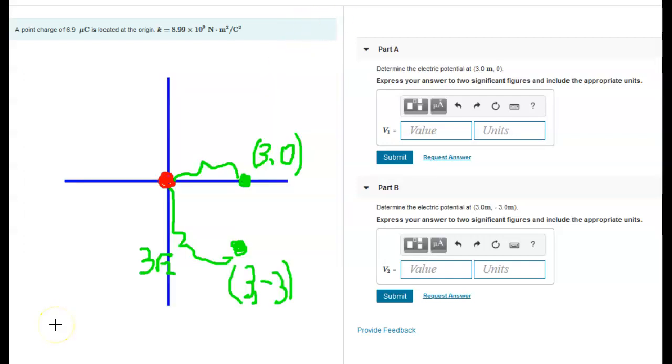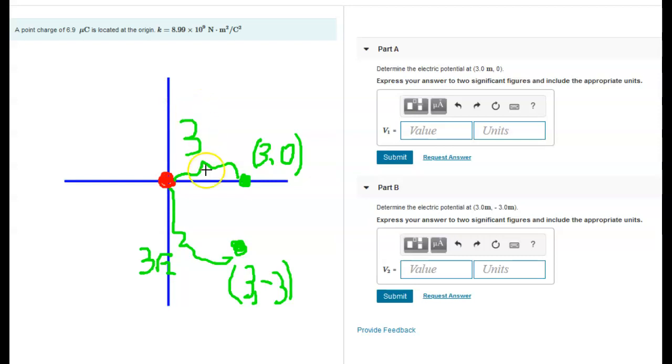I erased everything, so I'm just trying to pick back up and say that when I am calculating the electric potential, it's just the distance between the charged particle and the location where we're finding the electric potential, some distance r from that. So for (3, 0), that distance is just going to be 3 meters.